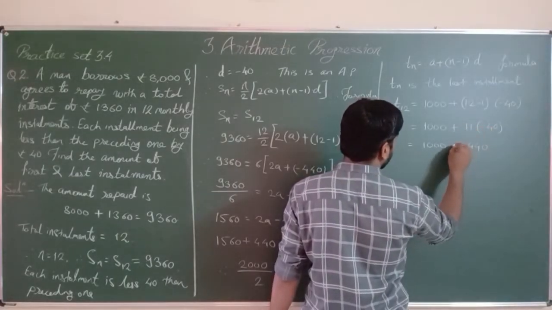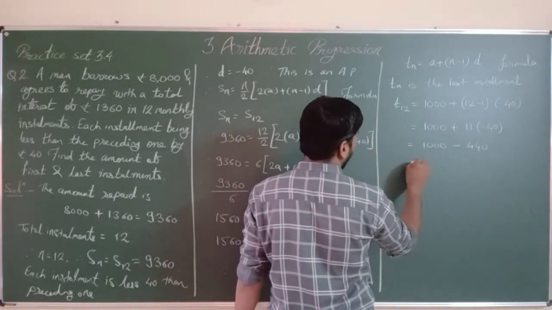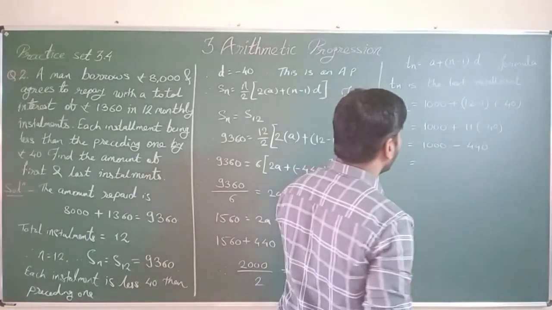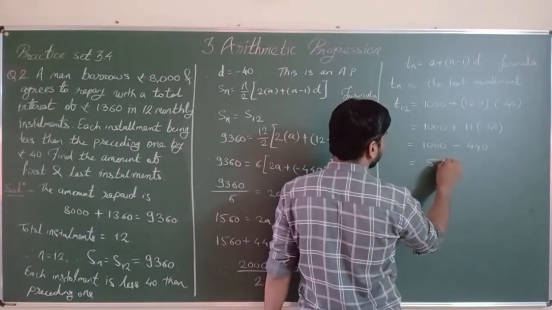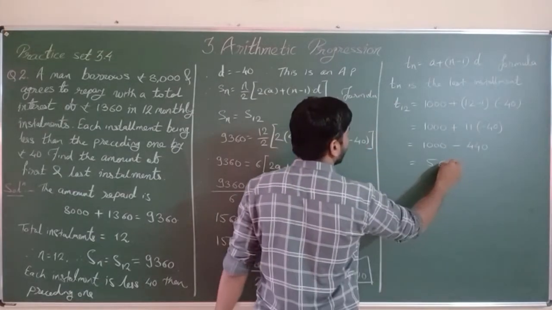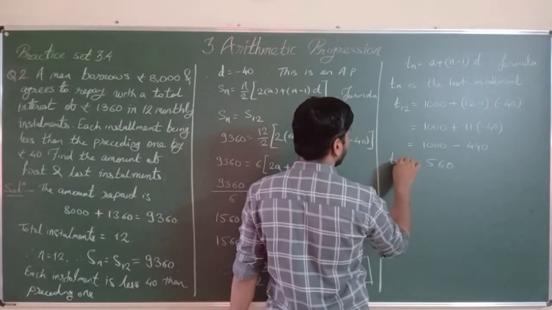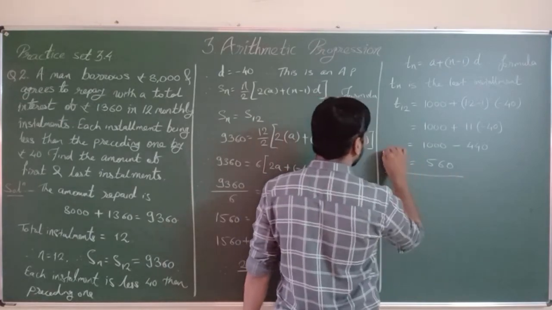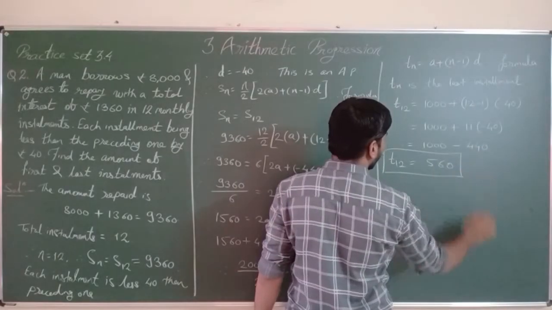Positive into negative, this will become negative, and 1000 minus 440, so this subtraction is 560, which is T12, that is 12th installment.